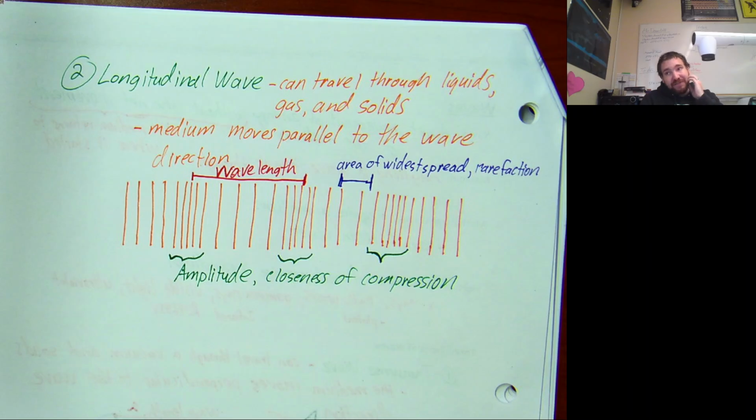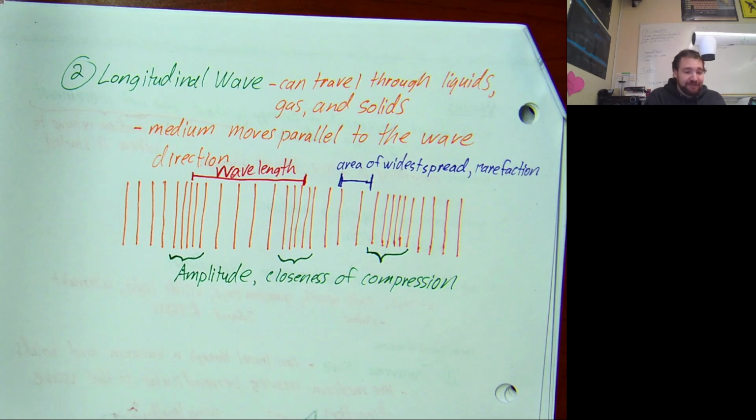Examples of longitudinal waves, especially for our area: earthquake waves are typically longitudinal. Actually, the ones that do the most damage are longitudinal. But there are also transverse earthquake waves, which is why earthquakes are so gnarly, because they have both.